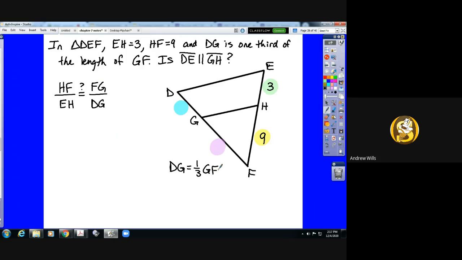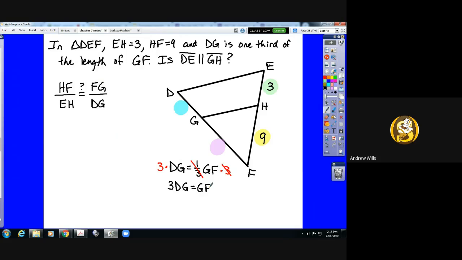So in chat, tell me, how would we get rid of the 1/3 in that equation? Good. We'd multiply both sides of that equation by 3. When we multiply both sides of that equation by 3, the fraction would cancel with the 3, and it would turn the equation into 3DG equals GF.